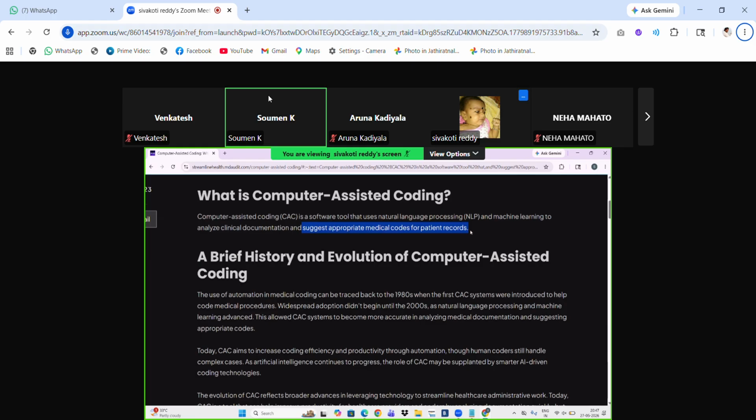Verify whether the code is correct or not. I didn't get you. Suppose the code is registered, you need to check whether it is correct or not. I understood how it will impact the coder.